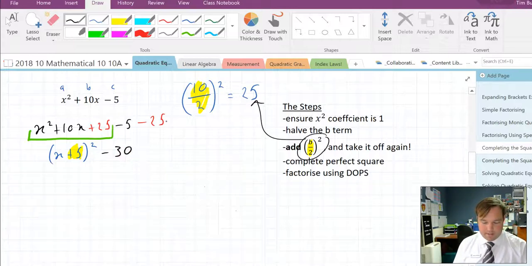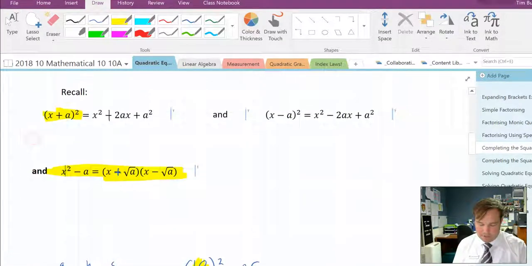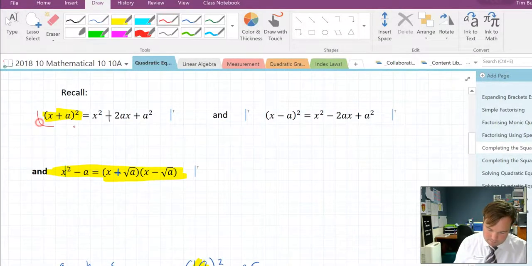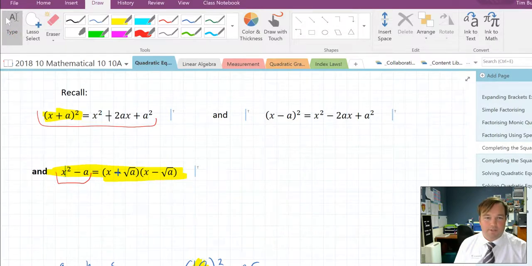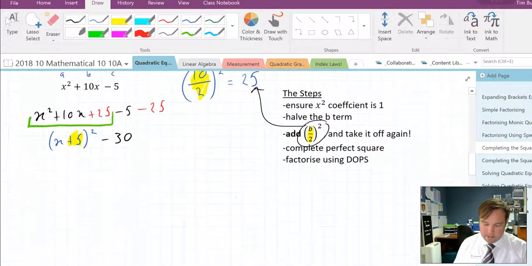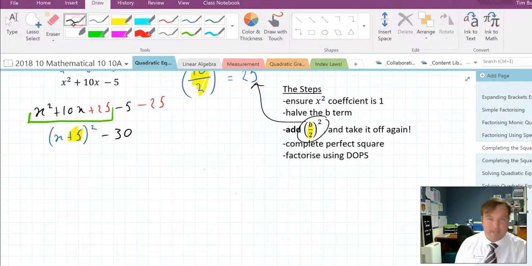So far we've used the perfect square but in reverse. Now, remember something, x squared take a, we can factorise. So some number squared, take a, and any number we can factorise using that square root trick. That's what we have here. We have some number squared, or x plus 5 all squared, take 30. We can think of 30 as root 30 squared.